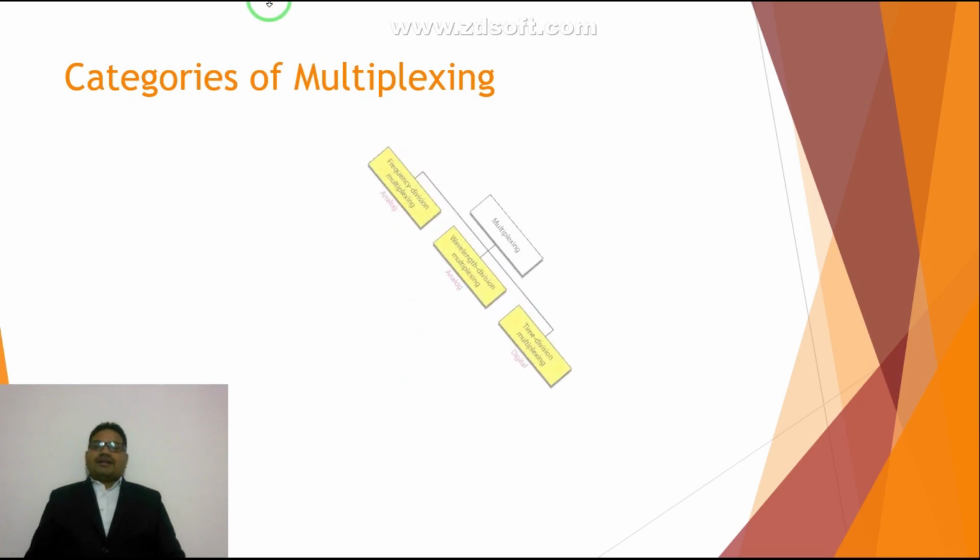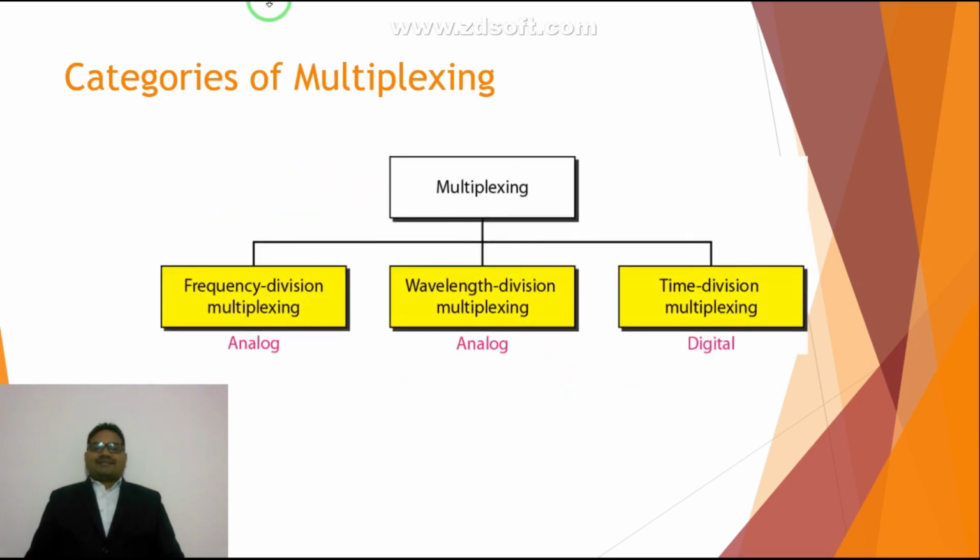Now, categories of multiplexing. There are basically two types of multiplexing: analog multiplexing and digital multiplexing. In analog multiplexing, again there are two subparts: frequency division multiplexing and wavelength division multiplexing. And third, time division multiplexing, which comes under digital multiplexing.